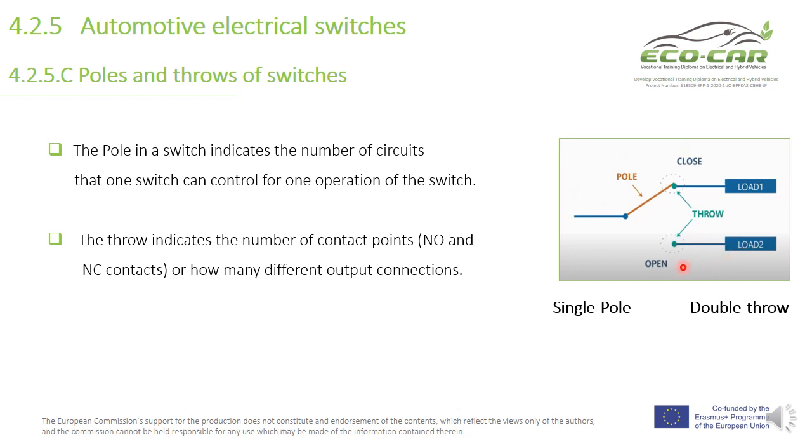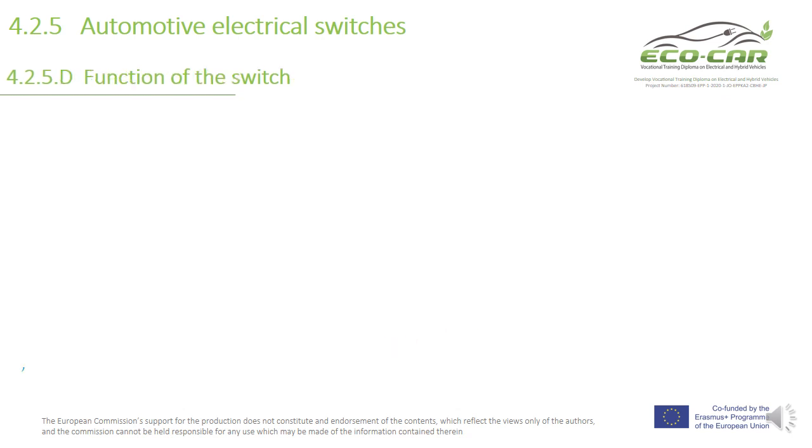So this is a switch that will be discussed later. Next slide. This is called a single pole double throw switch. So this switch has one pole and 2 throws.